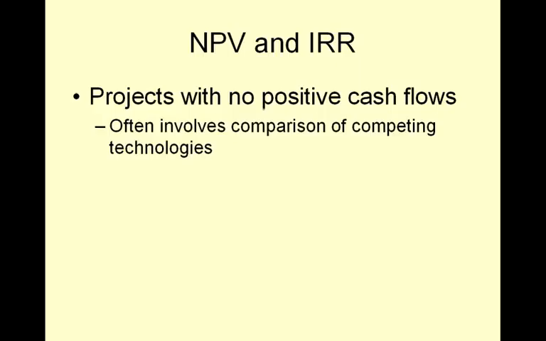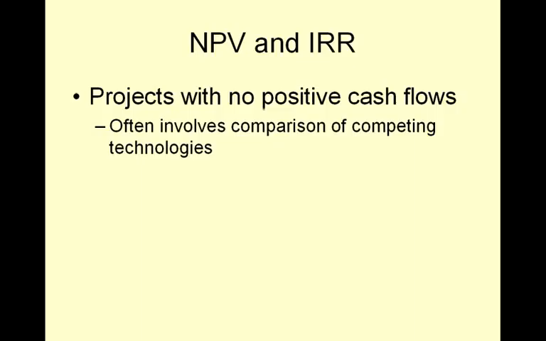Typically, the analysis involves comparing competing technologies or competing ways of producing your product, competing ways of marketing your product that really have nothing to do with generating new business, new cash inflows, new revenues.